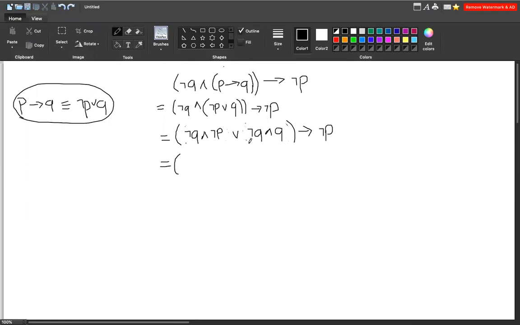We can simplify negation of Q with negation of Q. So let's do this one with this one: negation of Q or negation of Q and negation of P and Q, then implies negation of P.